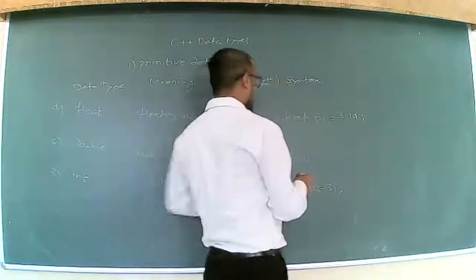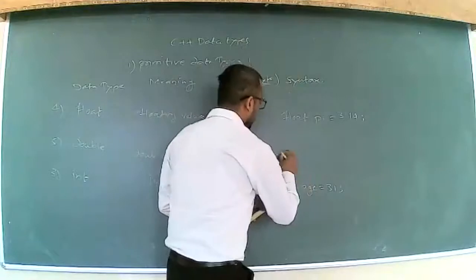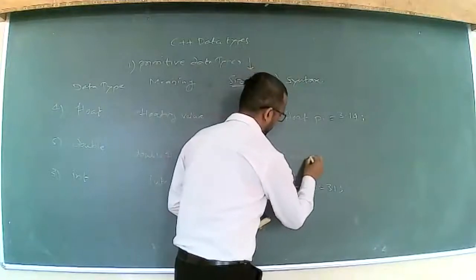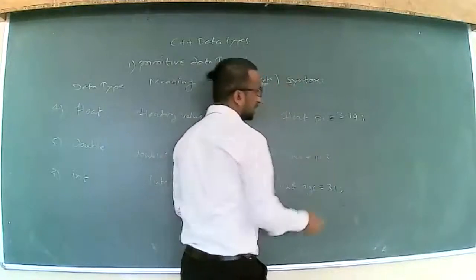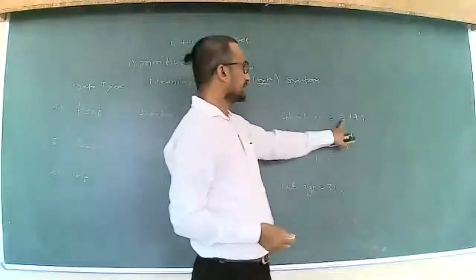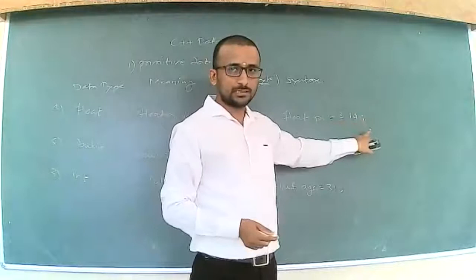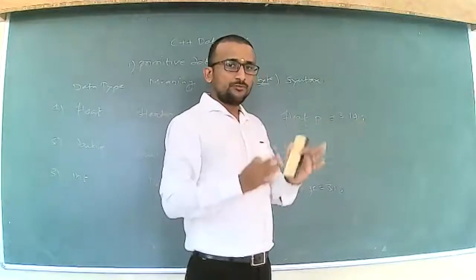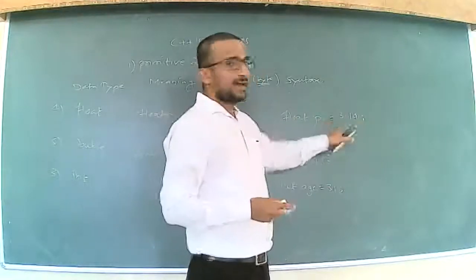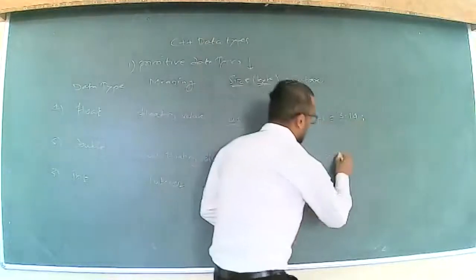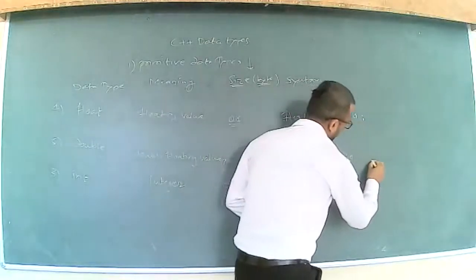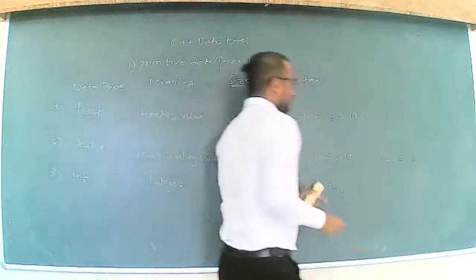Again I am using double, okay, double, again with the value of pi. We all know that generally we use the value of pi as 3.14. But the real value of pi is very long, 3.14 and so on.